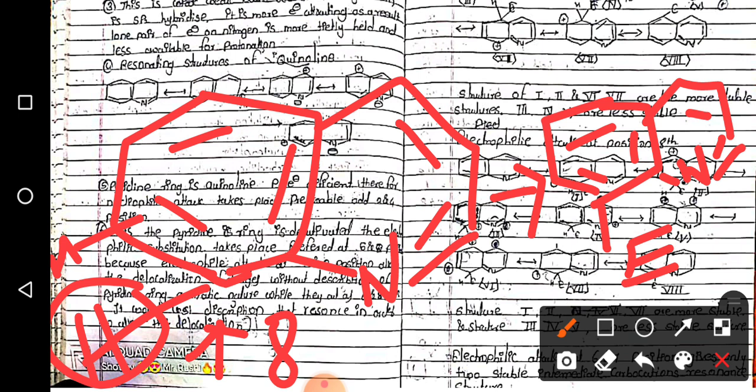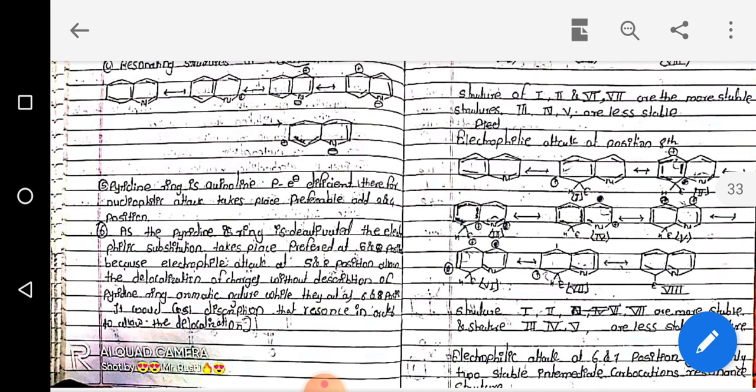In the place of E we can take NO2 or SO3H. These types of electrophile we can take. So I think you can understand the general criteria of what the reactions will be.